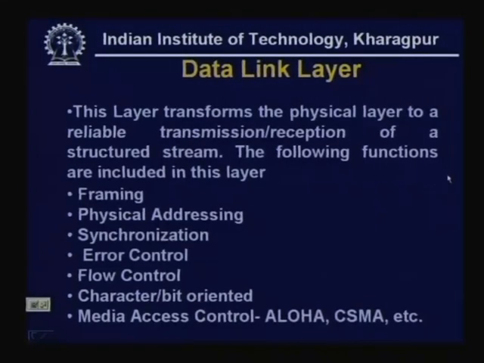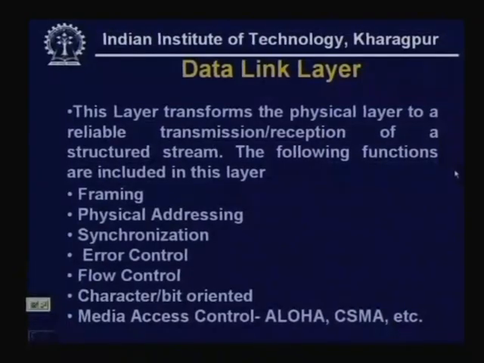Then you have the next layer, that is your data link layer. The functions of the data link layer: this layer transforms the physical layer into a reliable transmission and reception of a structured stream.